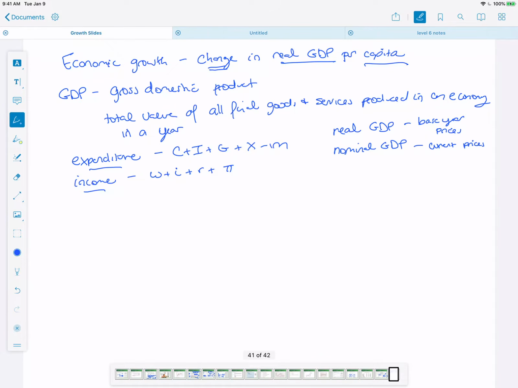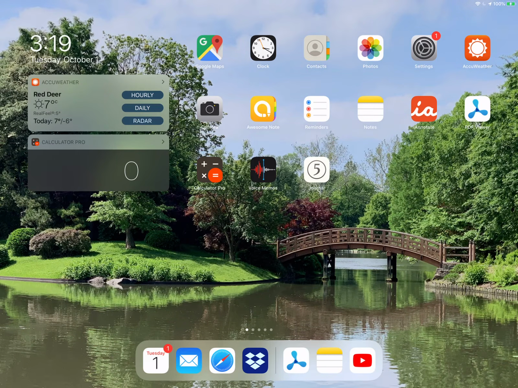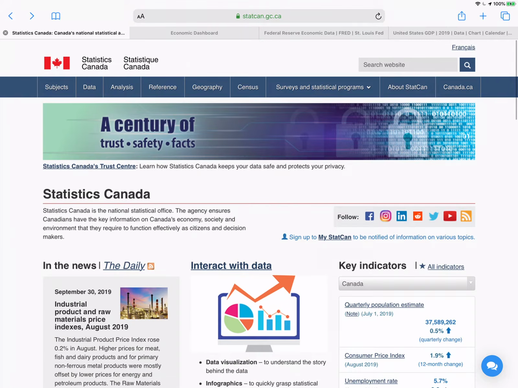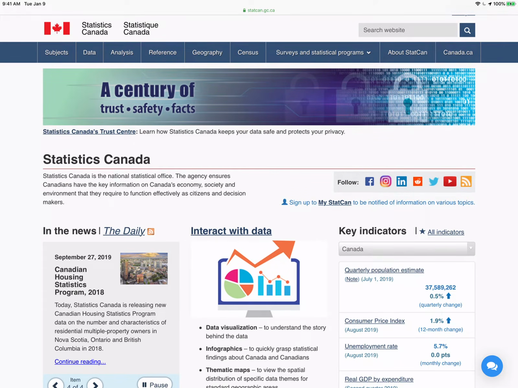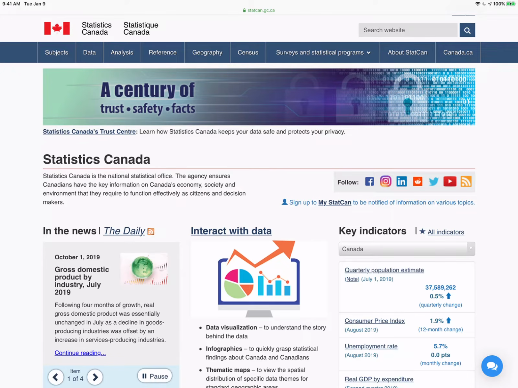All right, so let's look at economic growth for Canada. So let's start first by going to the Stats Canada website. And if we were to measure economic growth, we're going to need real GDP, and we're going to need the population, so we can do per capita.